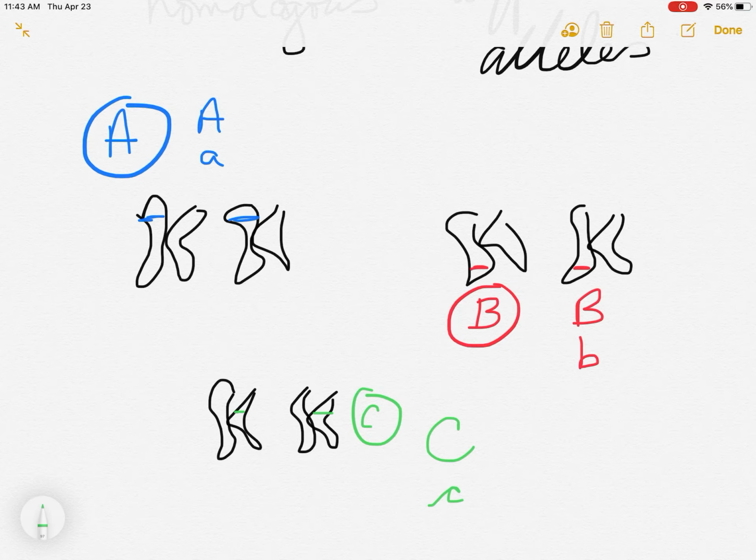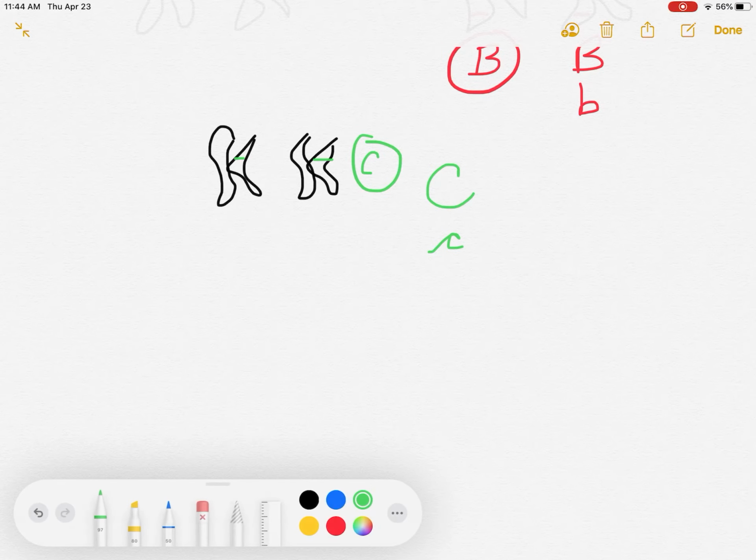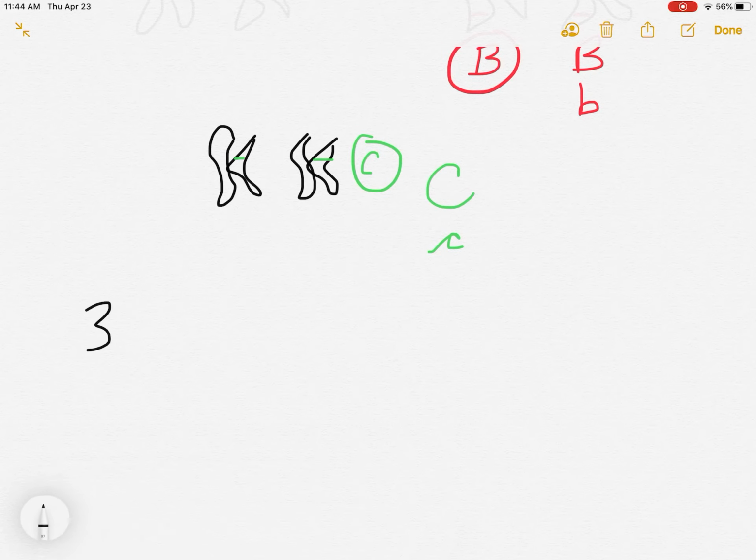So now, it's not just a capital A and a small a and figure it out. Now we have a capital A and a small a, which you could possibly get from your mom and your dad. And then we have a capital B and a small b that you would also get from a whole other chromosome. And then we have the capital C and the small c, which you could get from a whole other chromosome.